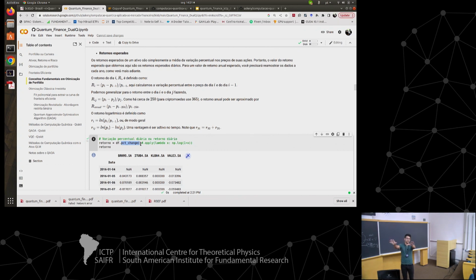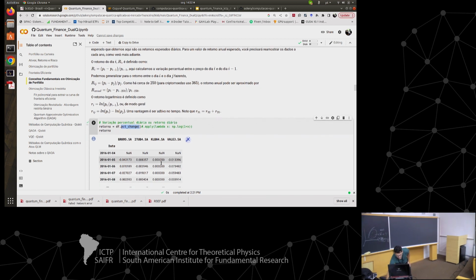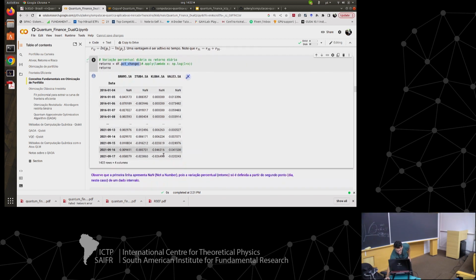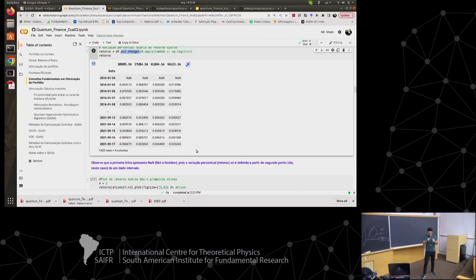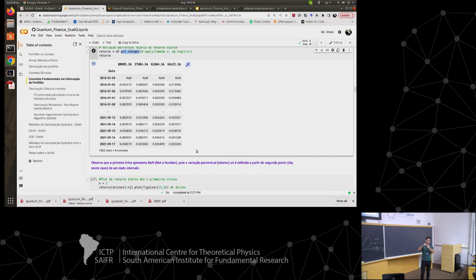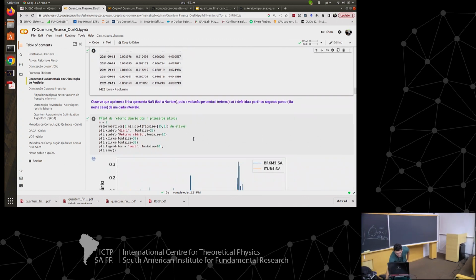You input your matrix of prices, and it will do it for you. Of course, you have this NaN value here, and I explain why: the price change is only defined from the second day on. For the first day you don't have one, so you throw it out.